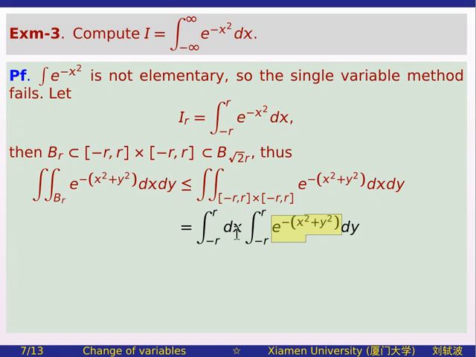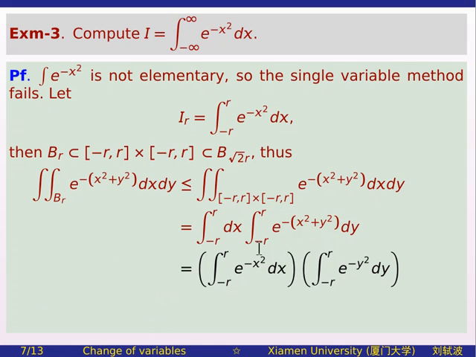It can be moved outside of the integral over y. Both these two integrals are I_R, the same except that we use different letters to denote the integral variable. Therefore, this is I_R squared.